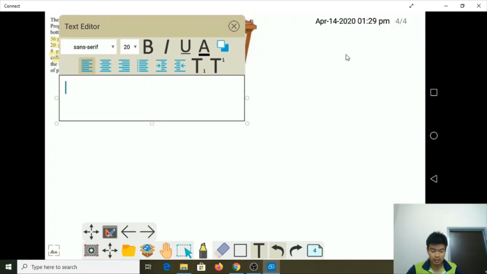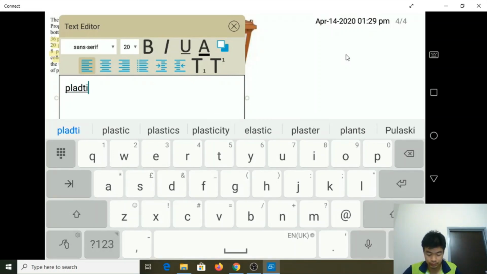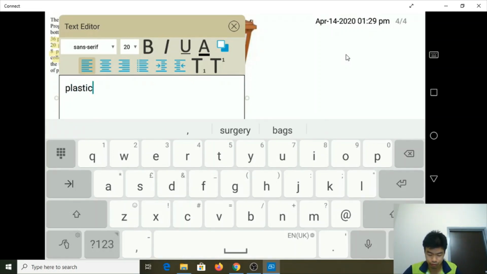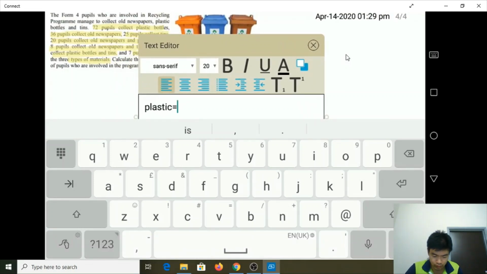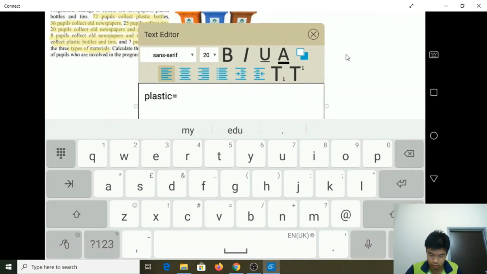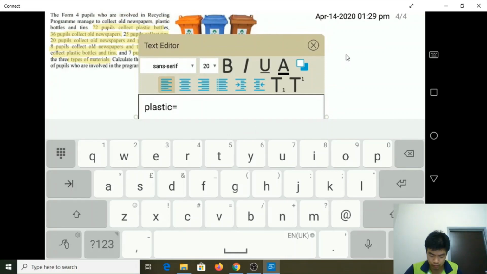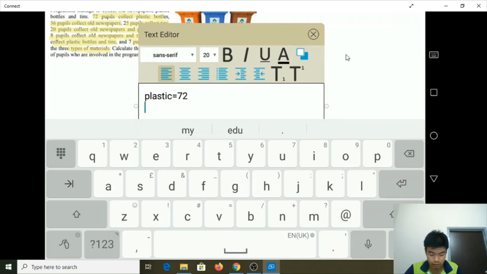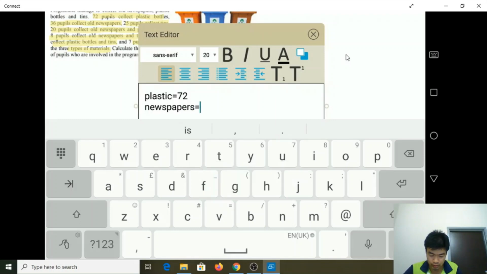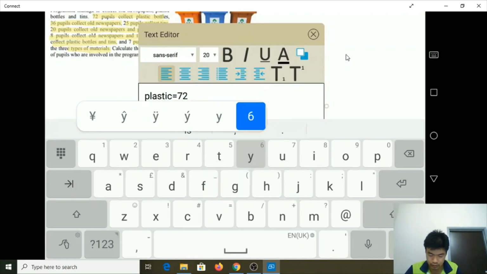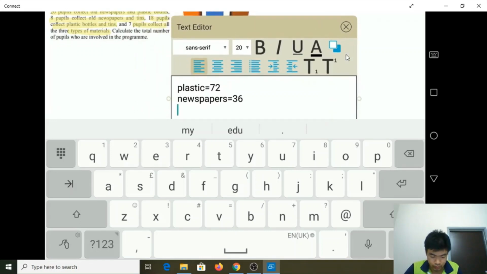Plastic is 72. Next one, 36 pupils collect newspaper, equals 36. Next one.